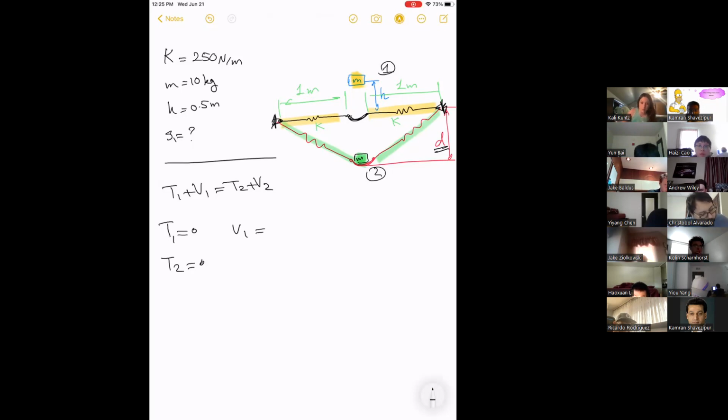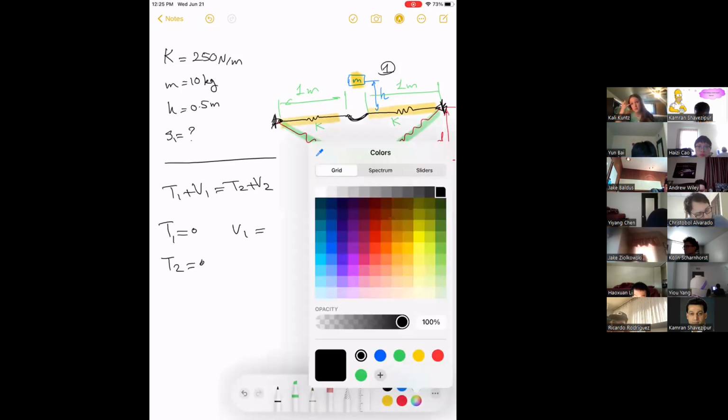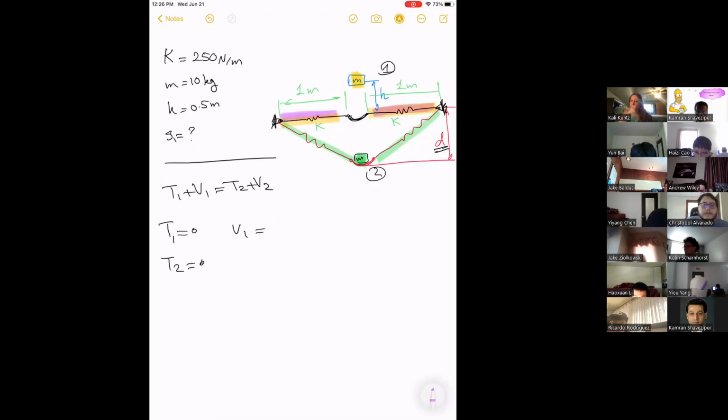We have a spring and we have gravitational potential energy. For the spring, again, these are my 2 springs, right? The purple thing. How much is their initial deformation? The problem does not give the deformation, but says initial spring force is 50 Newton.